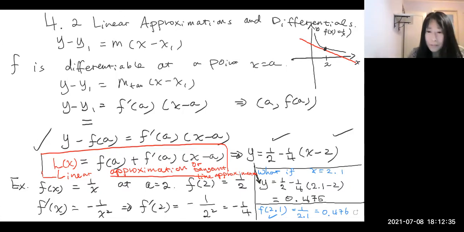Let me erase this one. It must be the tangent line, okay? If we look for the approximate value, it's not nearby the tangent line. For example, x equal to 10, a equal to 10 in this case, we get a different value. It's not similar to the actual value with the linear approximation there.